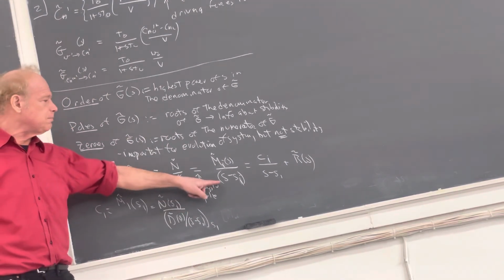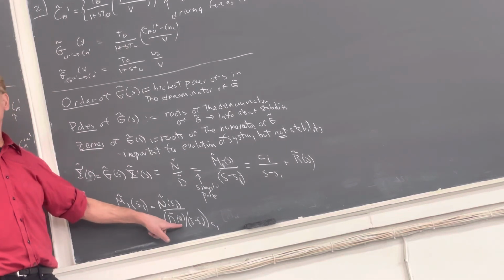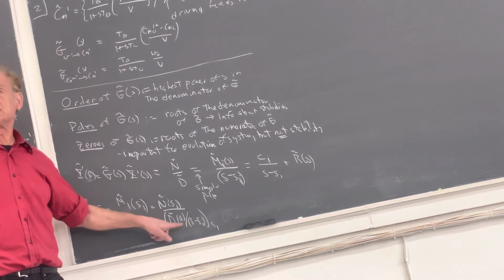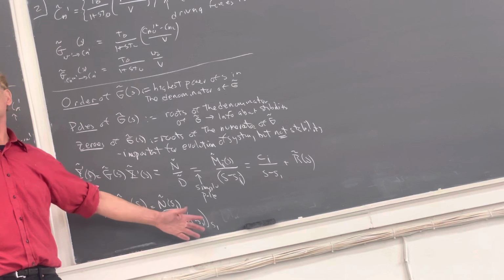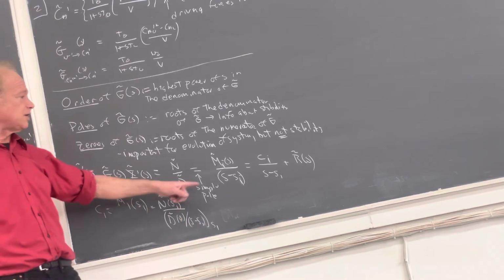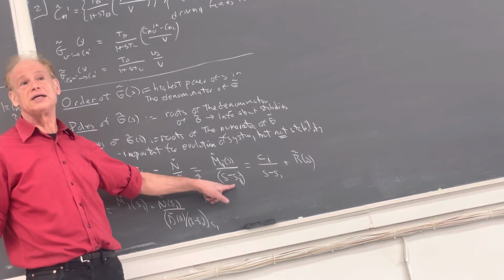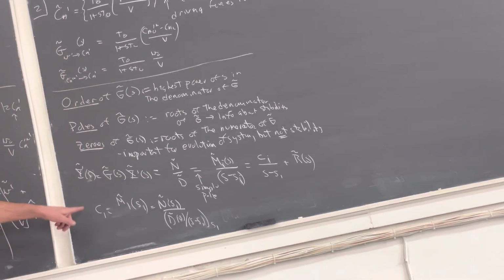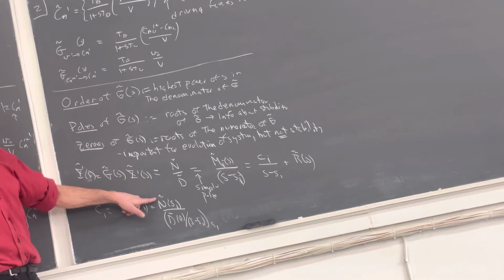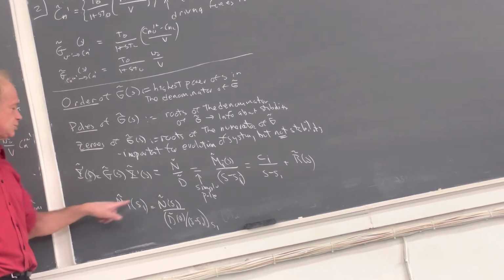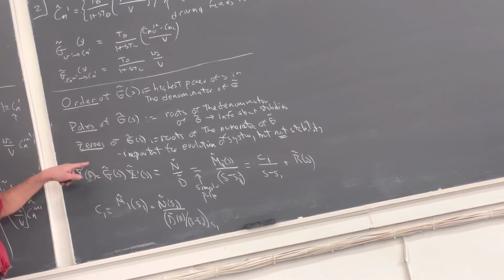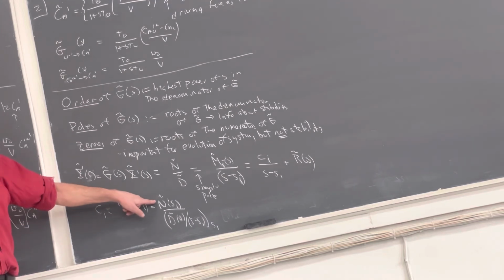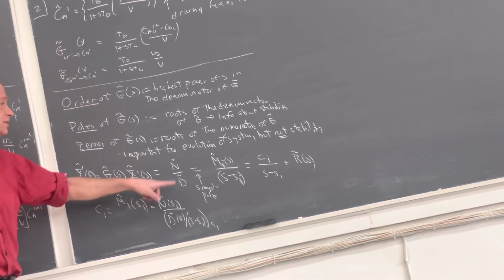If it's a simple pole, D tilde of S1 divided by S minus S1, when I evaluate it at S1, I don't get 0. Because if I did, I would have another factor of S minus S1 in there. And I'm assuming I don't, by assuming it's a simple pole. So what you can see here is that the numerator contributes to the coefficient. So the numerator is important. It tells me what the coefficient is.